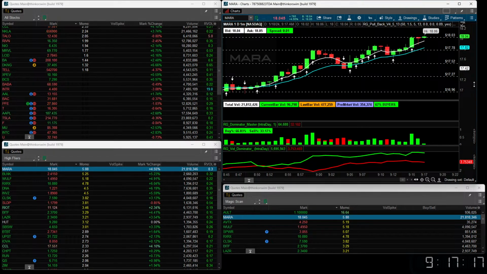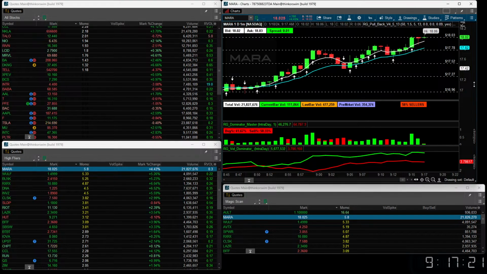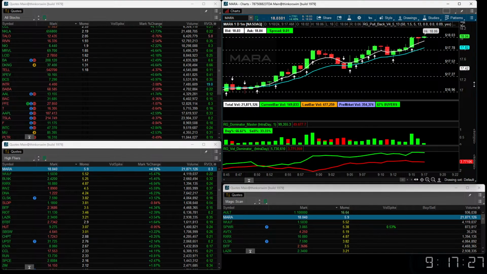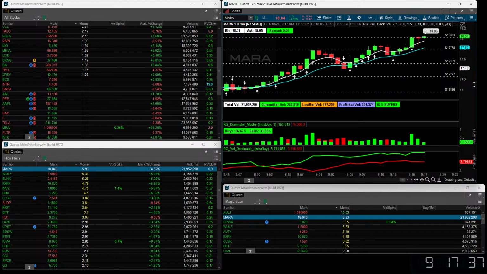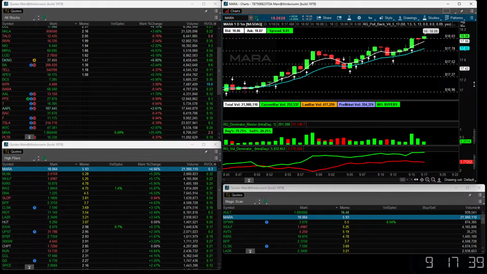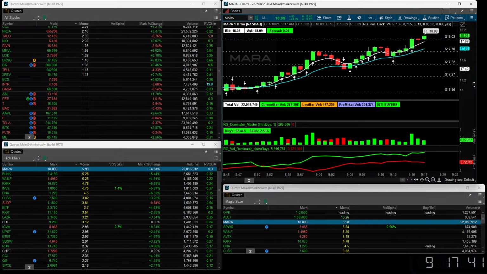Possible entry. It is at the top of high flyers with the most volume. No, it's all low volume today, but it is moving up. I got to give it credit. It's doing it on lower volume than normal.